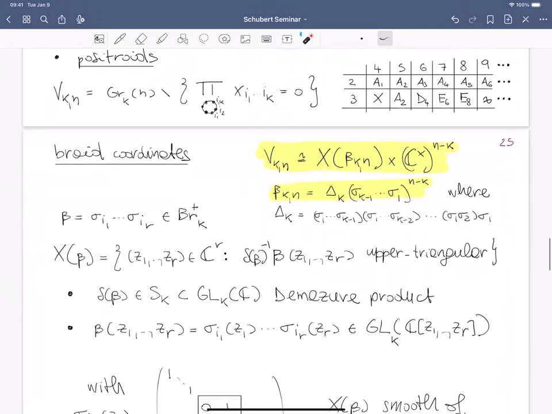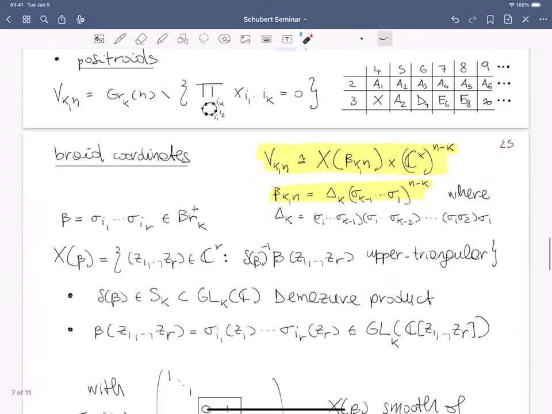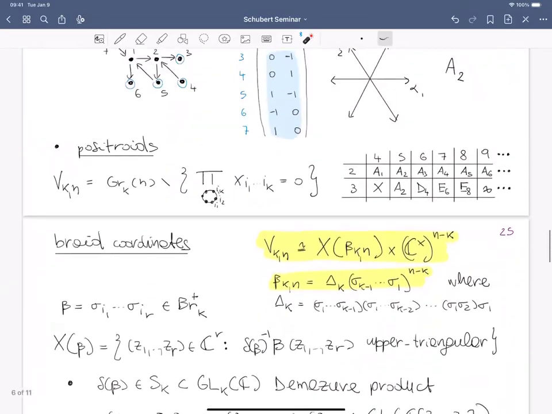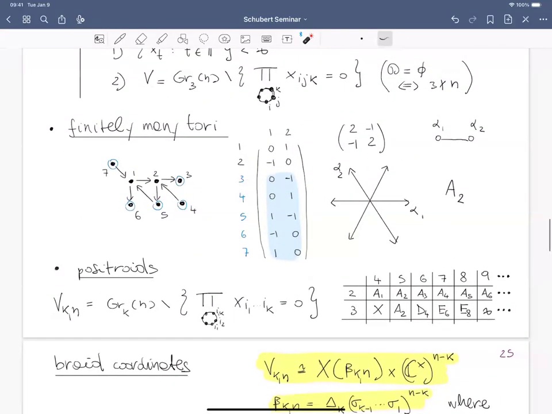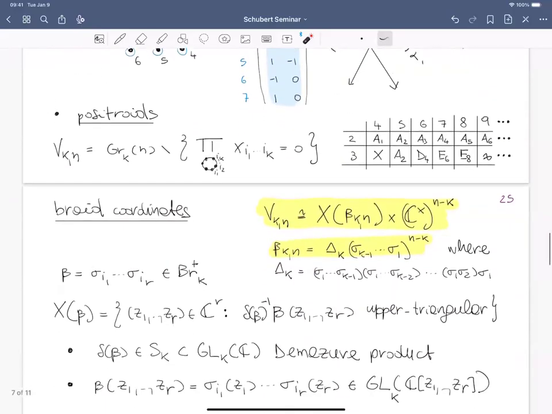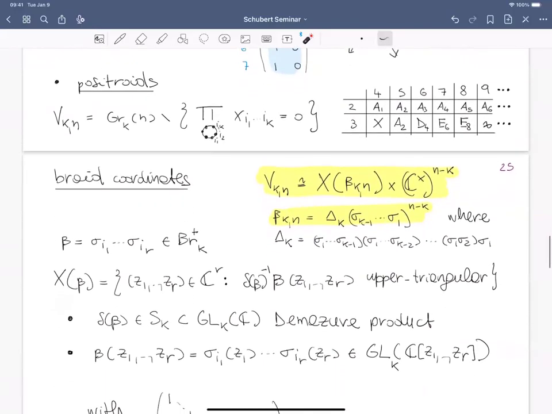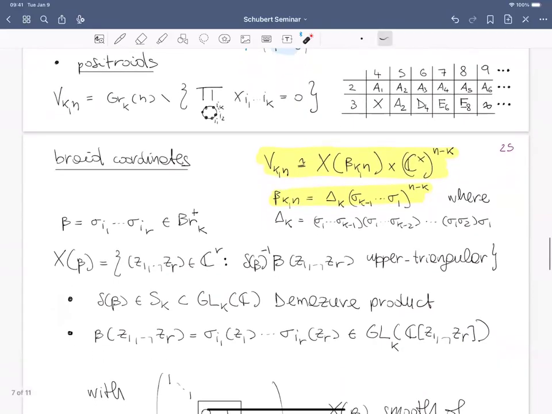So the first input in the proof is to start thinking about these varieties not as complements of a divisor in the Grassmannian with the cluster structure given essentially by the Plücker coordinates, but in a different way. We think of these varieties as stabilizations by a torus of certain varieties associated to a braid word.